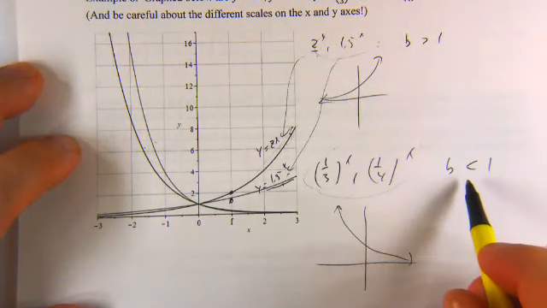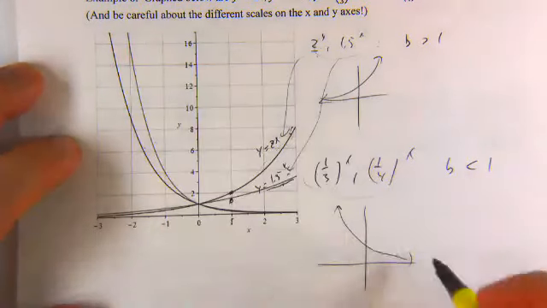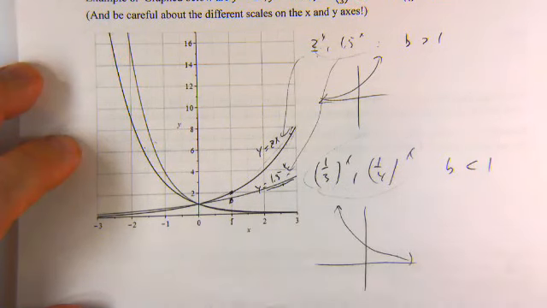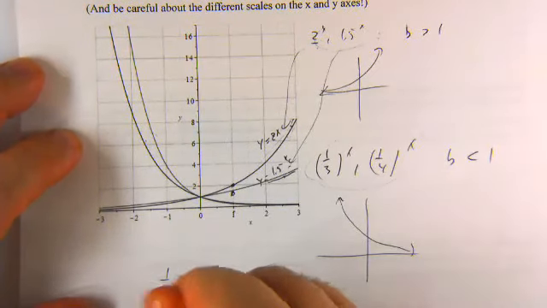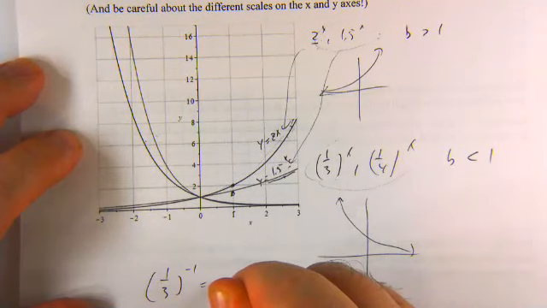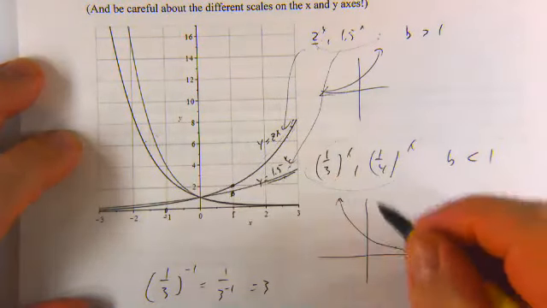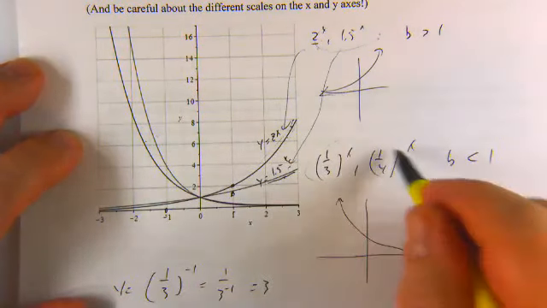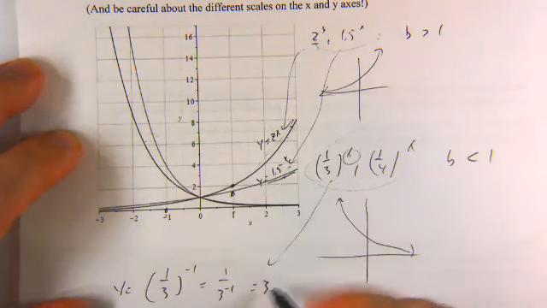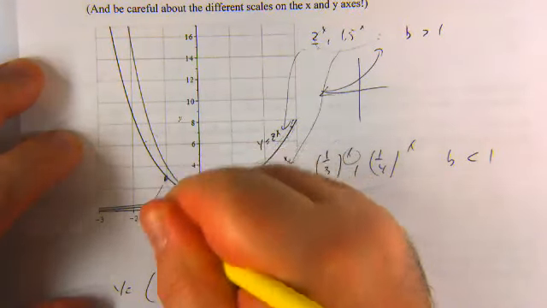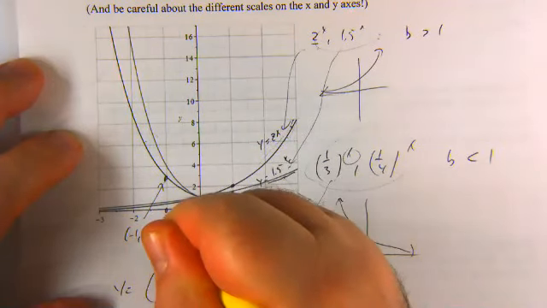What about for these two? Well, it's actually a little bit easier to look at x equals -1. 1/3 to the -1 is 3. So if we put in x equals -1, what's y? y is 3. So that's the point (-1, 3).